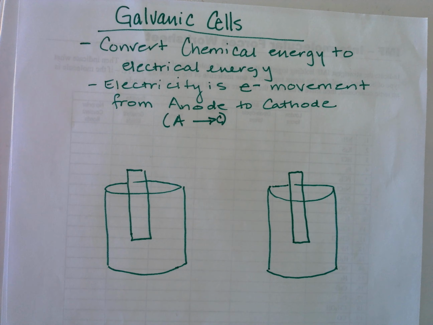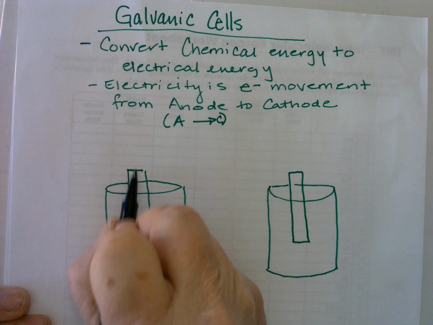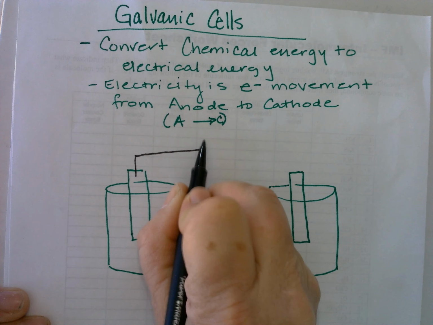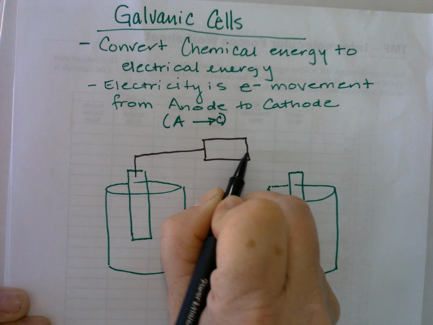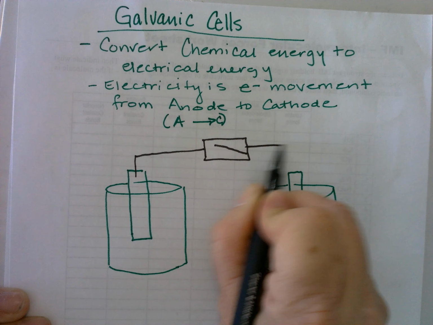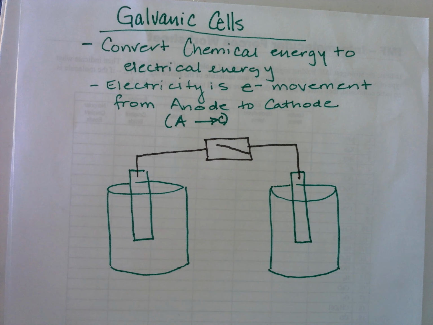Okay, and then these electrodes are connected by a wire which goes through a load on fire. That load for us is like a switch, but it could be a light bulb or a meter.